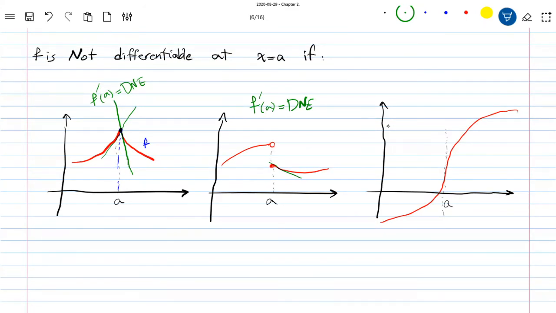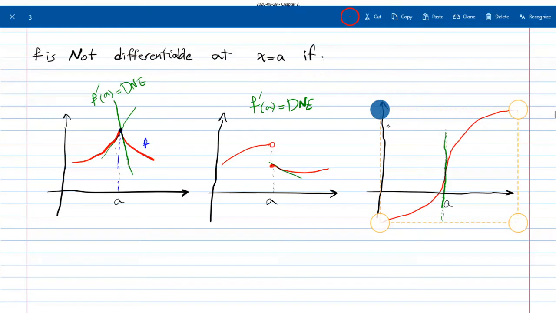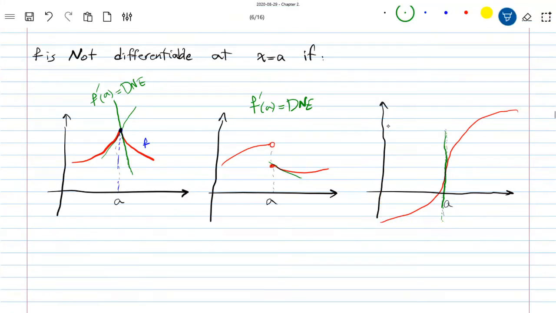And there is a third case. For example, if you look at the cube root function, this happens in the fifth root, cube root, something like that. What happens to the derivative, the tangent line, is it's going to turn out to be a vertical line. So the tangent line will try to be smooth at this location A on both sides. So what you get is a line that is vertical.